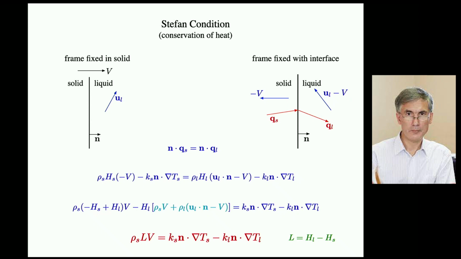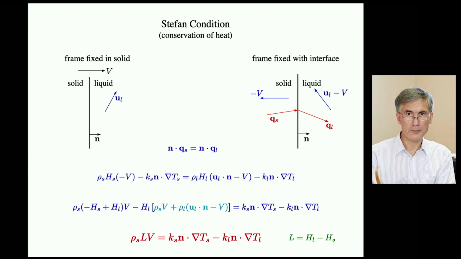Now, in any frame of reference, but in particular in this frame of reference, because the picture is steady in this frame of reference, the normal heat flux must be equal on both sides of the interface. The heat coming into this interface is equal to the heat going out of the interface.